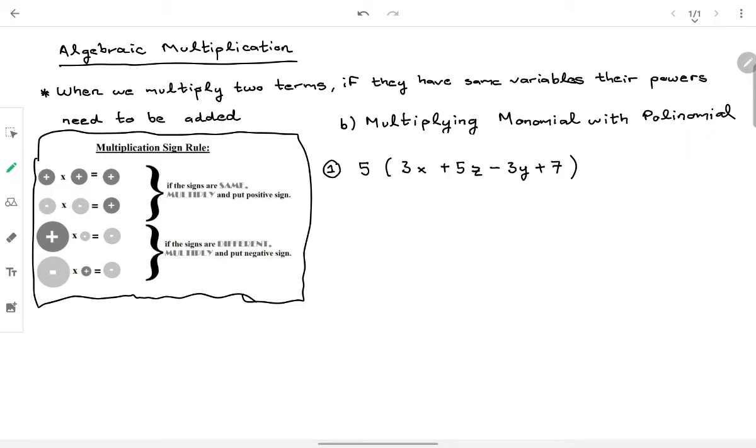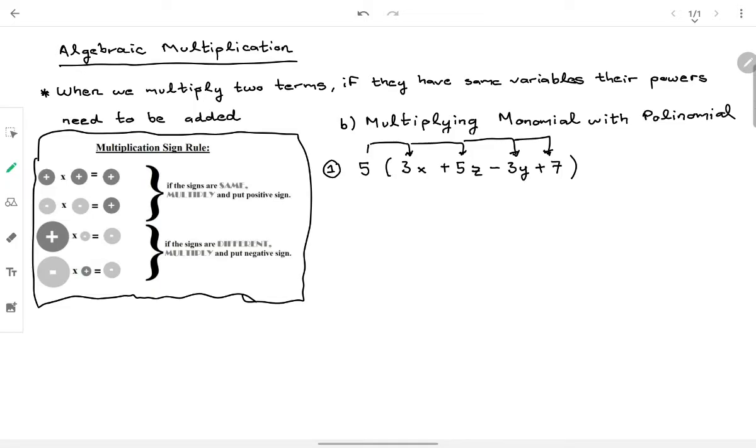In this case, we will start with the simplest one, when we have a number multiplying a polynomial. As I was telling you, it's like multiplying monomial by monomial many times. So this number 5 is going to multiply this, and this, and also this, and also this.